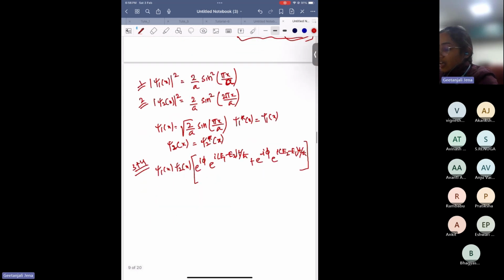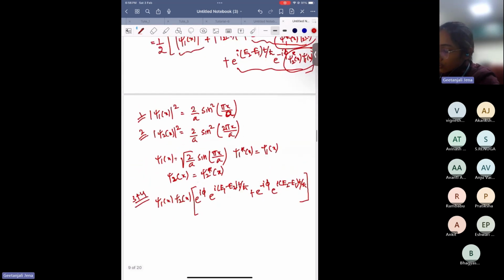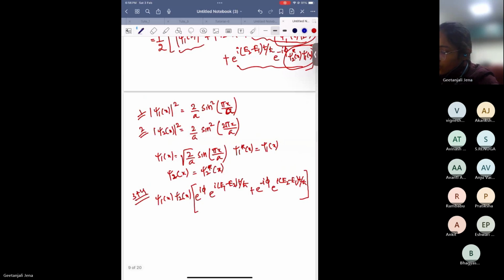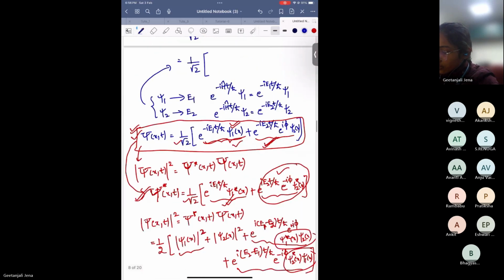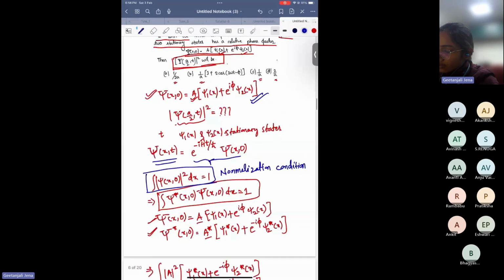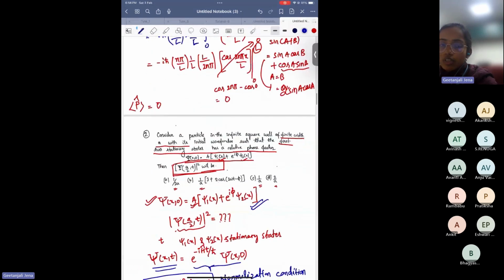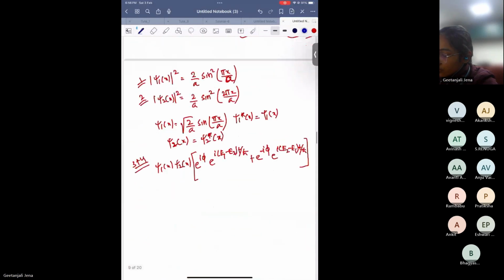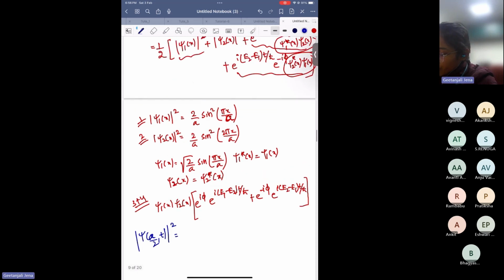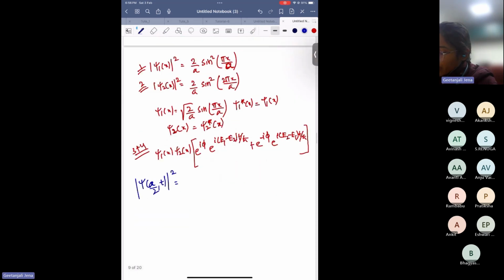Okay. Now what do we have to do? Now the question is asking what is the value of this at a particular position x equal to a by 2. So we have to find the psi of a by 2, t square, right? So you have to find the solution for x equal to a by 2.